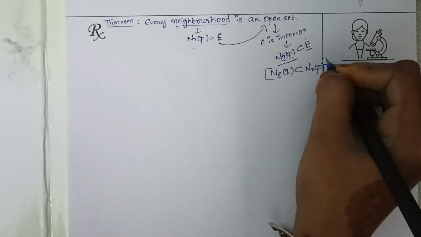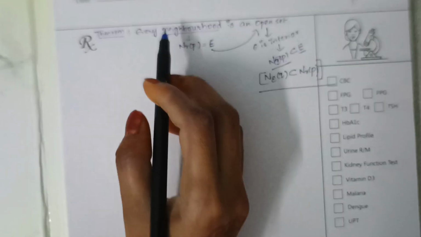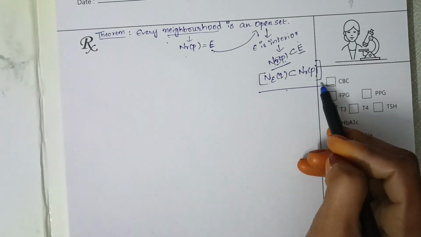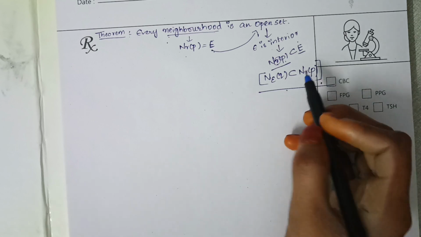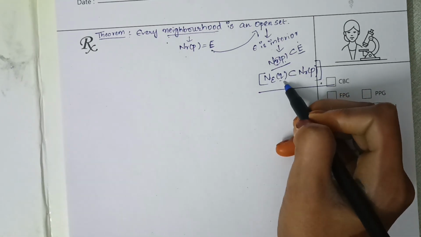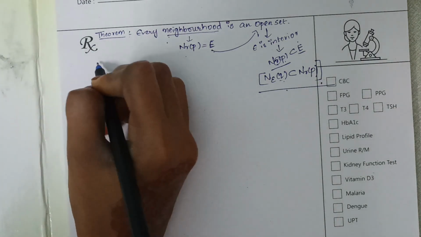This is what we need to prove. I hope it's clear what is the statement and what we need to prove. In order to prove this, first I need to consider that Q is any point in E. Right? So now let us go into the proof.